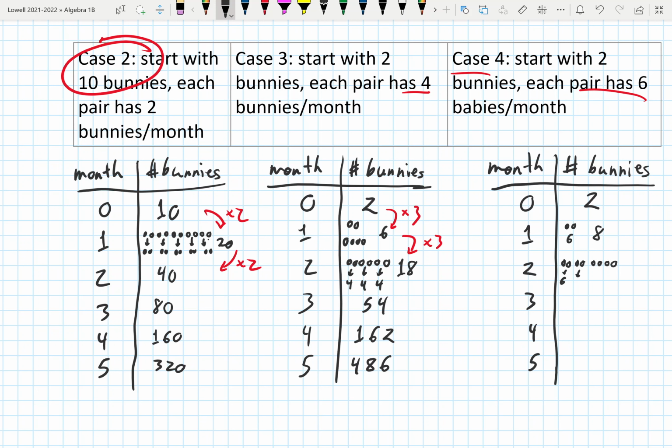They're going to have 6, 6, 6, and 6. So that's how many babies? I think that's 24. Plus the 8 parents, so that's going to be, I think, a total of 32. And so you can see our pattern here. That's going to be times 4 to get from 2 to 8, and 8 times 4 gets us to 32 as well. So our pattern here is going to be times 4, or our multiplier rather.